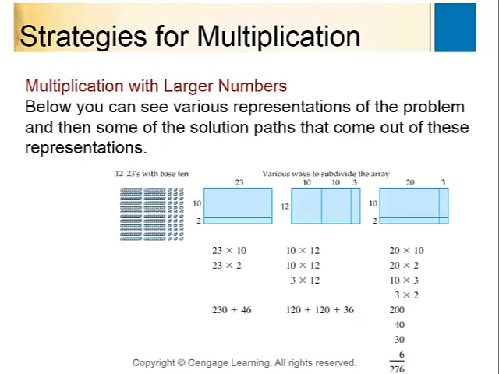Well, we were looking at 23 times 12, and so we could look at 12 23s and try to figure out exactly what it is that we've got, because if we have 12 23s, we have 12 of these 10s, but since there's a 2 in the 10s place, there's 12 of these 10s, and then 12 of these 10s because there's 2 groups of those.